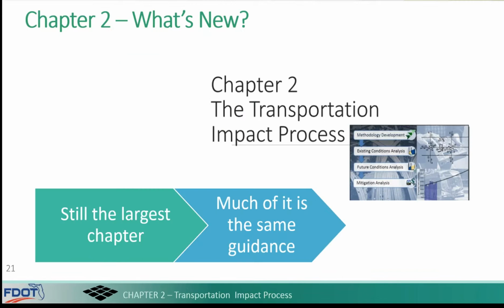As we said earlier, Chapter 2 is still the largest chapter since it's the most closely related to our role as a transportation agency. As mentioned before, the good news is much of the basic guidance is the same as it was in 2010. However, philosophies, calculation techniques, and improvements to our models have to be reflected in our chapters and in our training.